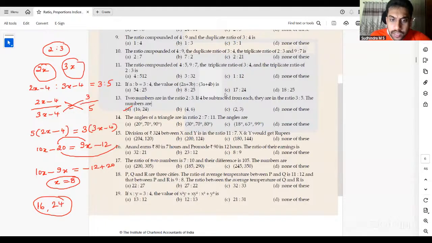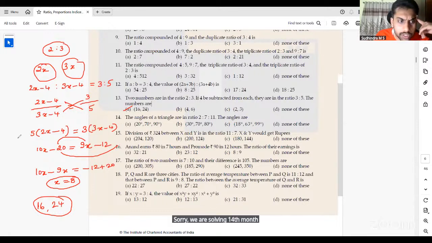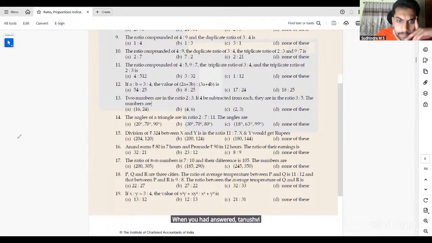Bhargavi Hegde, correct. Rajit, correct. Tanushri, you have to recheck. Sorry, we are solving the 14th one, Tanushri. I'm not sure which one you had answered. Tanushri means KS Tanushri. We'll solve this. Ananya, correct?